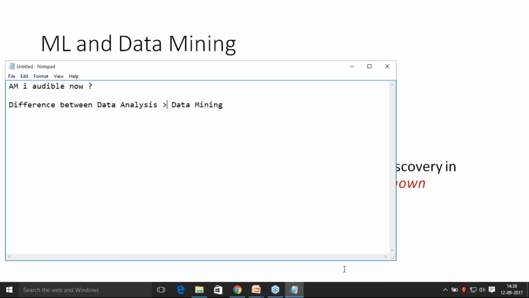Assume that an algorithm is doing all the analysis of mutual funds, and in the end it tells you, this mutual fund is best for your family based on whatever input you give, like my family, my salary, and all that. That process becomes machine learning. I hope I've cleared this. The steps go in this way: first the analysis of data, and then it goes into ML. So, clear?